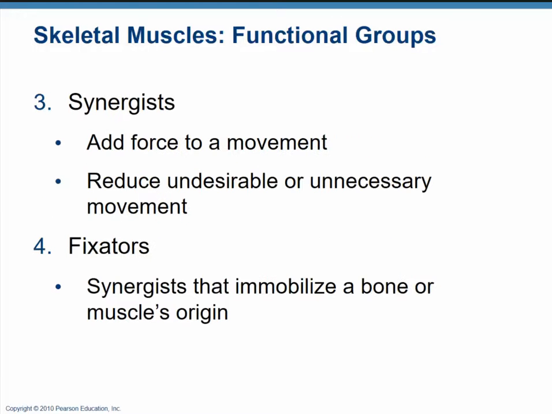Now, there's a couple more things. One of the other things is muscles that help the prime mover, and these are called synergists. So they add force. They modify the movement a little bit, but for the most part, they add force.